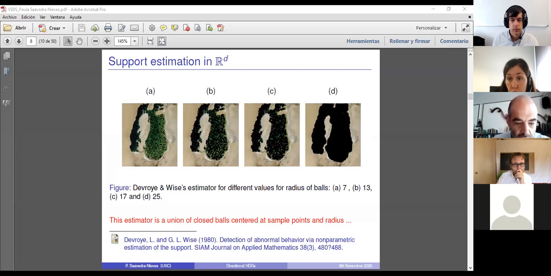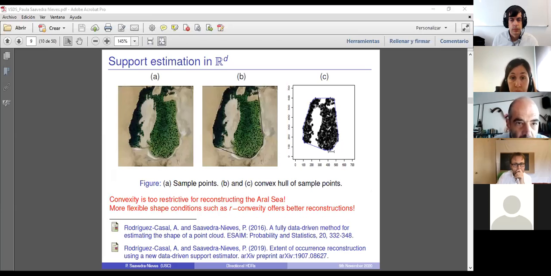But if I choose a very high value for the radius of the balls, then I will overestimate the RLC. So this is an interesting question to take into account. So how to select this smoothing parameter? The radius of these balls can be seen as a shape index, and this problem was already considered in literature.